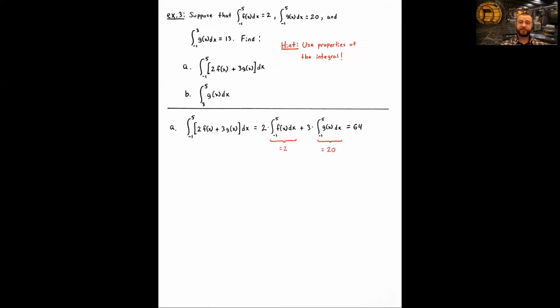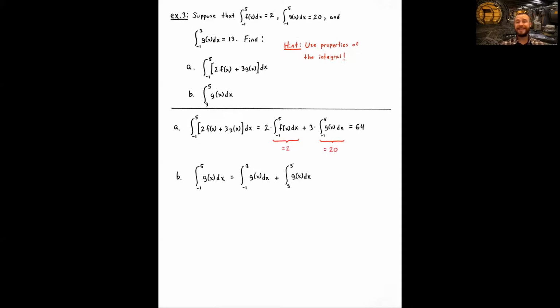This is asking us to split up the interval from -1 to 5 into two intervals, -1 to 3, and then the interval from 3 to 5. This leads us to splitting the integral of g of x from -1 to 5 into the integral of g of x from -1 to 3, added to the integral of g from 3 to 5.